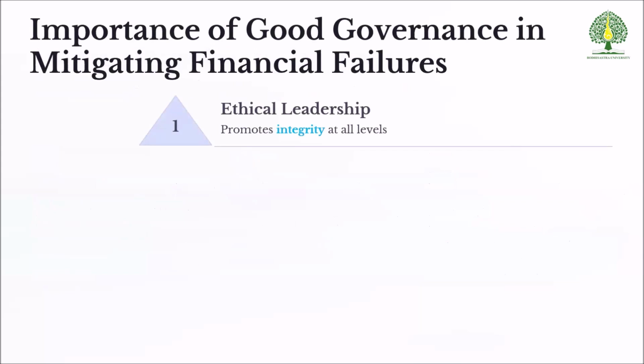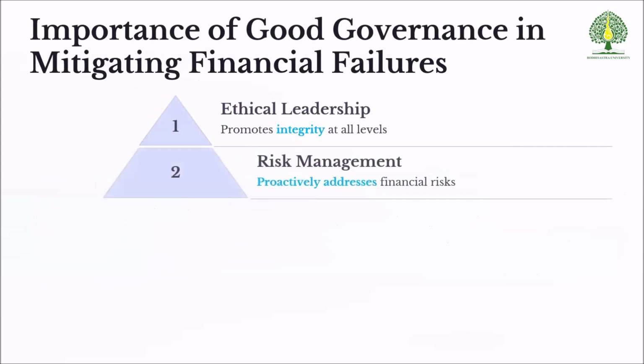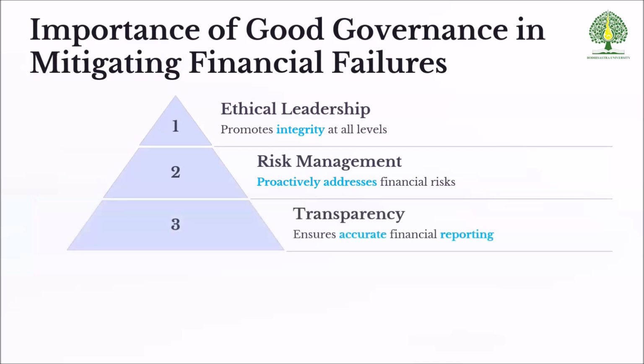So why do we need good governance in mitigating financial failure? One is integrity, ethical leadership, and risk management, of course. Many big corporations fail and collapse because they could not foresee the risk. And transparency, that's what the shareholders want.